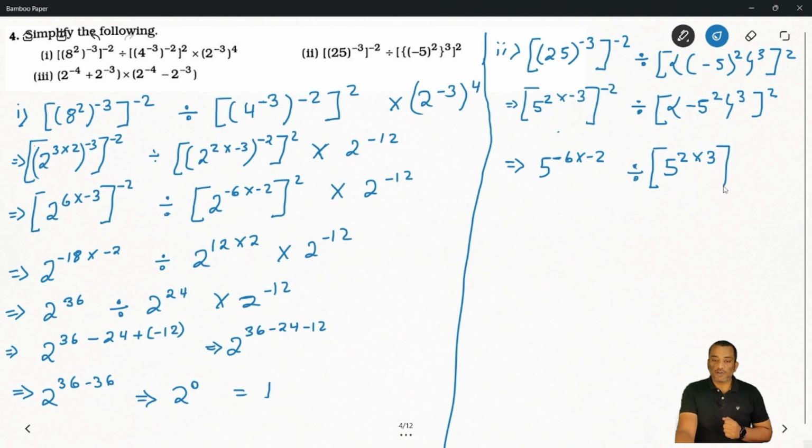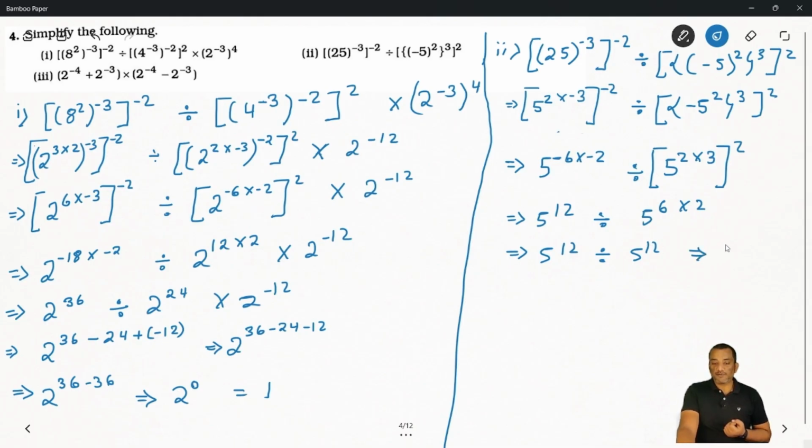Okay, now you have only a square bracket left. So this one you got how much? 5 to power 12, and now you can remove the square power. So you can say 2 times 3 you will get what? 6, and this will multiply with 2. So you will get how much? 5 to power 12 divided by 5 to power 12. So now which rule do you have to apply? You have to apply the quotient rule.